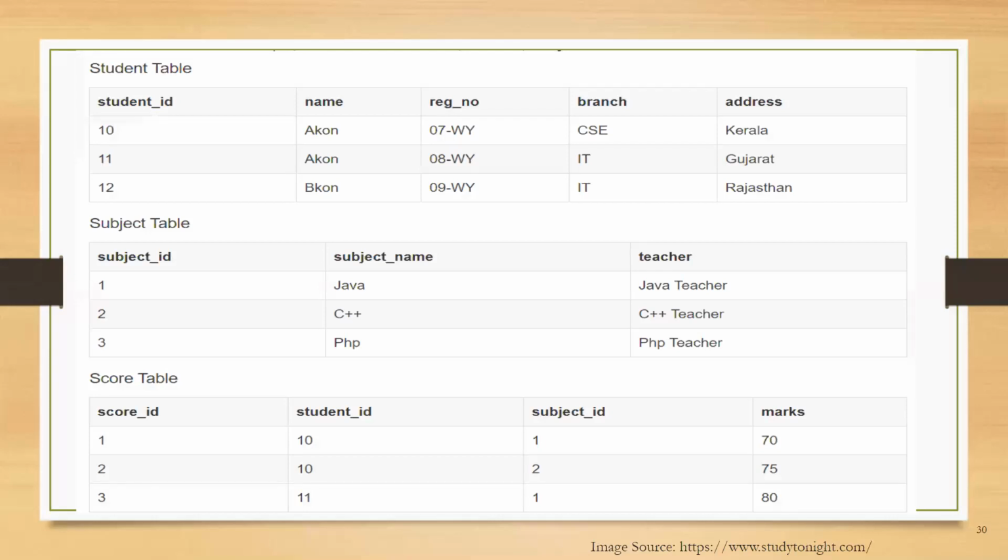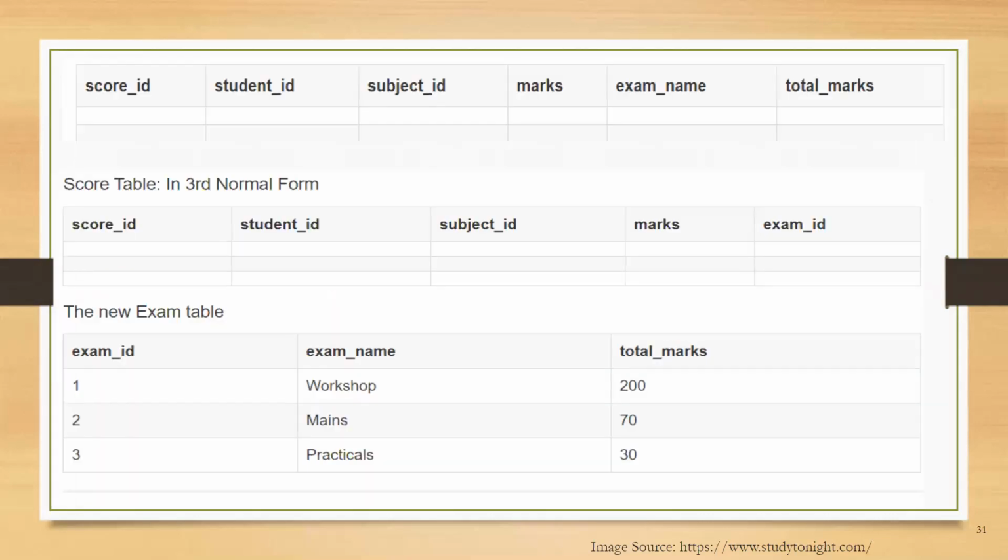Here we will add some more information to the score table: the exam name, and something called total marks. So we are adding two columns to the score table, the exam name and the total marks. We are going to understand what we mean by transitive dependency.